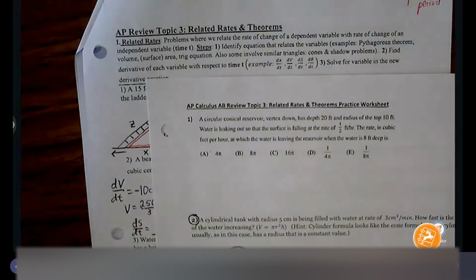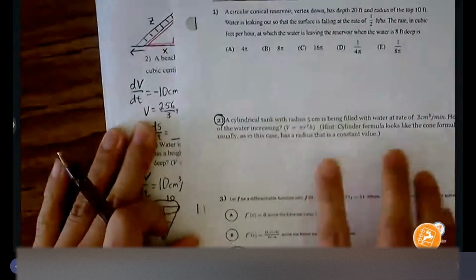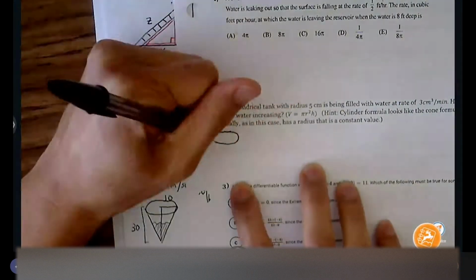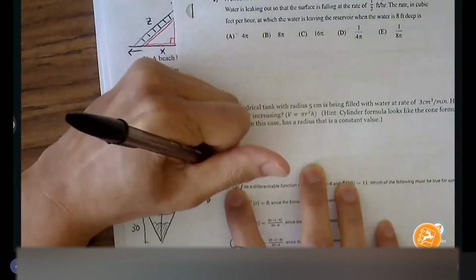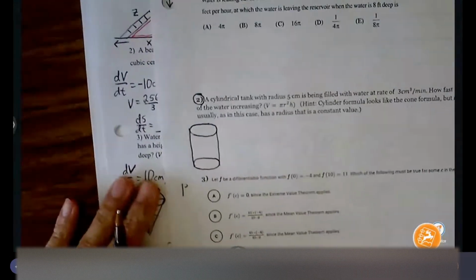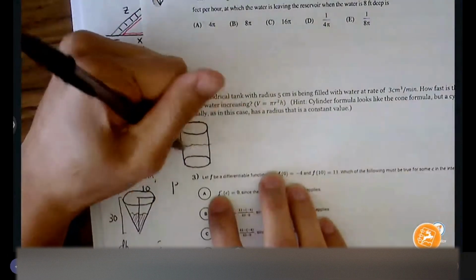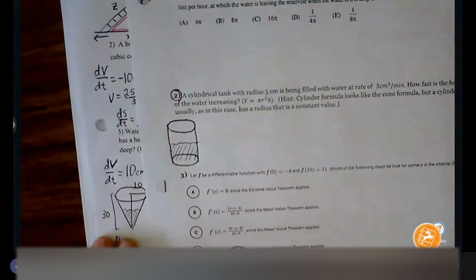So let's look at number 2 here. Now, number 2 is talking about a cylindrical tank. So let's draw that shape. Water is being filled at a rate of 3 cubic centimeters per minute.